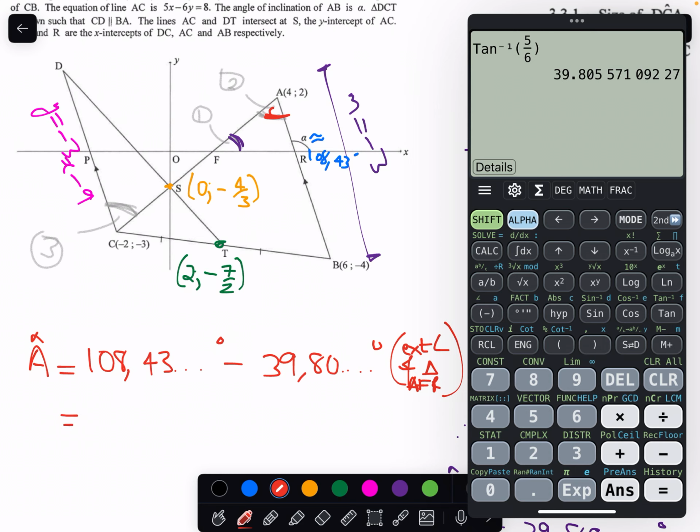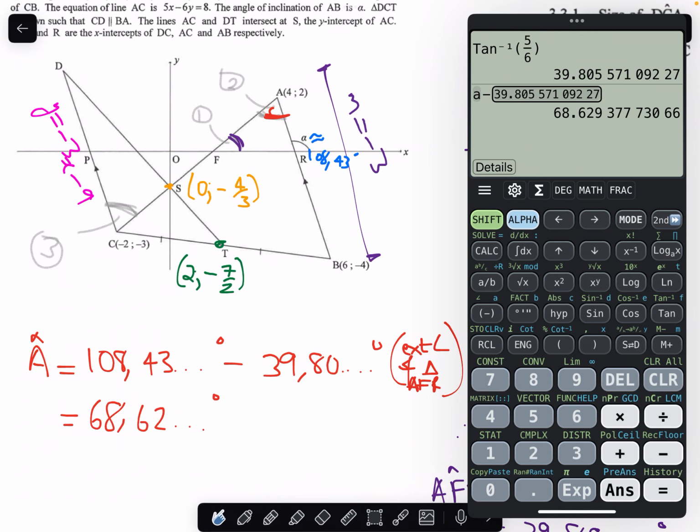And that gives us... I don't think I need to store this one. So recall that first guy minus the one. Okay, so now we have A minus that number. Yes, that is correct. And that is 68,62 blah blah blah. Right?